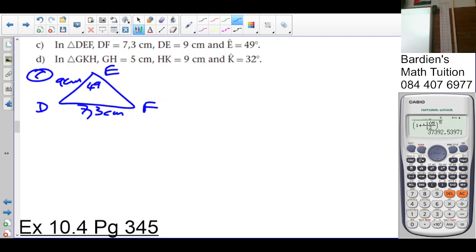Between 9 and 7.3, what is shorter? But what about F? We don't know F. That's why we have to do the ambiguous case. If this was 49 and DF was 9, the ambiguous case is not applicable.